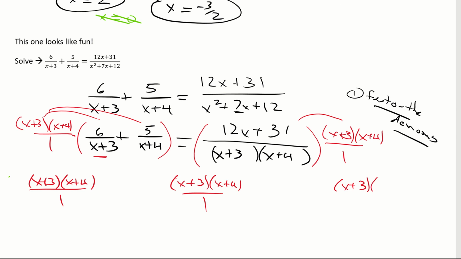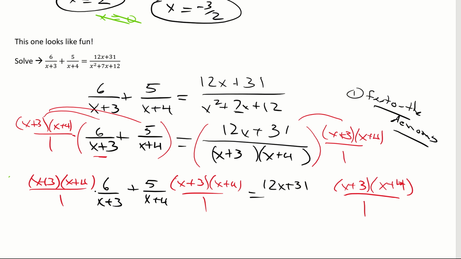The reason I'm doing this, you don't have to. If you can do this part in your head, more power to you. You're doing awesome. But a lot of students don't know how to do that very well, so I'll just do it. So 6 over x plus 3 plus 5 over x plus 4 equals 12x plus 31 over these two guys, right? All right. So that's busy work.